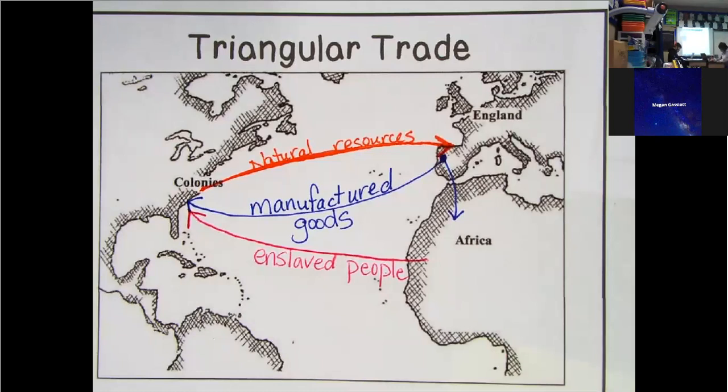People. And they were enslaved. Okay. Like I said, I chose red because that's what it involved, life. Okay.